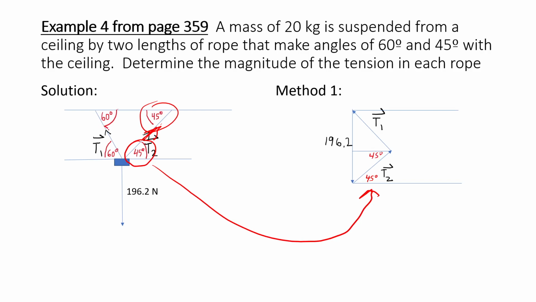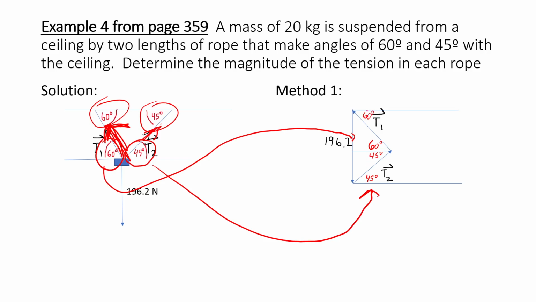Now this T1 right there is making a 60-degree angle with a horizontal. So I can put that 60-degree angle with this horizontal line. And then this 60-degree angle here, at the tip of it where the arrow is, is making a 60-degree angle with a horizontal line, so I can put a 60-degree angle here.